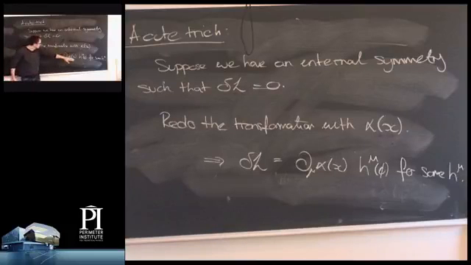Okay, is that clear? This is the only kind of transformation you could have so that when alpha is constant, delta L is vanishing, as it must for a symmetry.